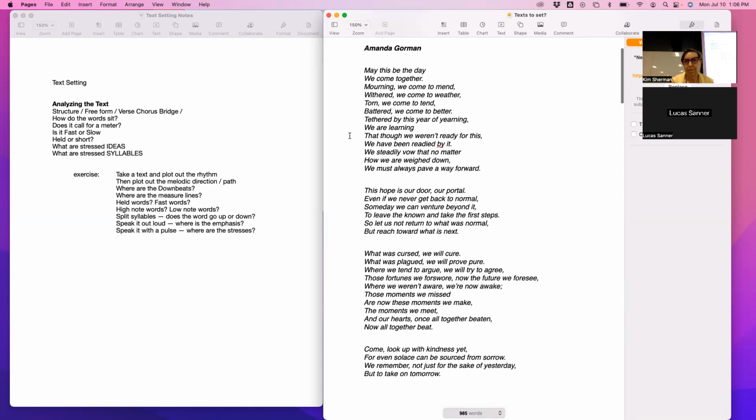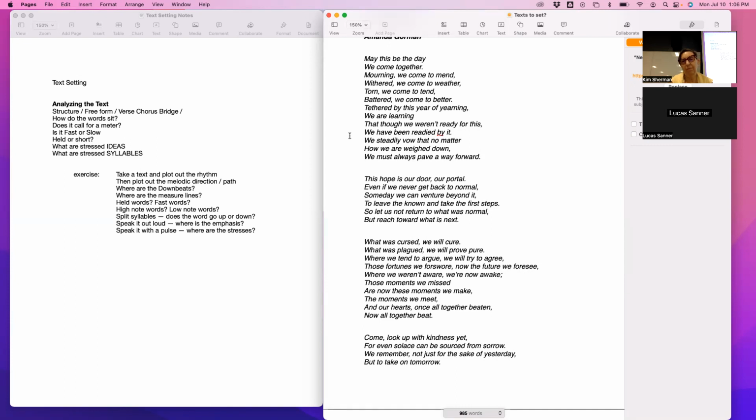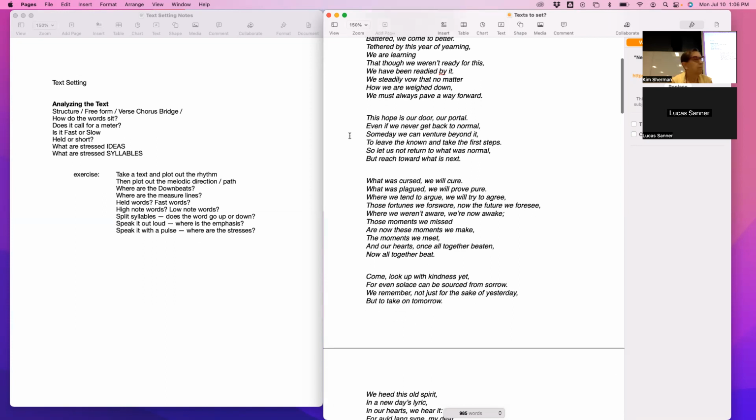We steadily vow that no matter how we are weighed down, we must always pave a way forward. This hope is our door, our portal, even if we never get back to normal, someday we can venture beyond it, to leave the known and take the first steps. So let us not return to what was normal, but reach toward what is next.